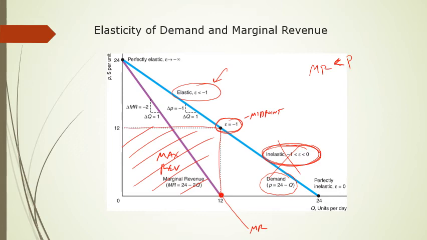There may be long-run reasons why a company might want to keep the price below 12 temporarily to try and spur market share, to get people to try the product. You're making an investment in future sales, but you're sacrificing some short-run profit to do that. So we have the maximum revenue here at 12 times 12, price of 12 and quantity of 12.